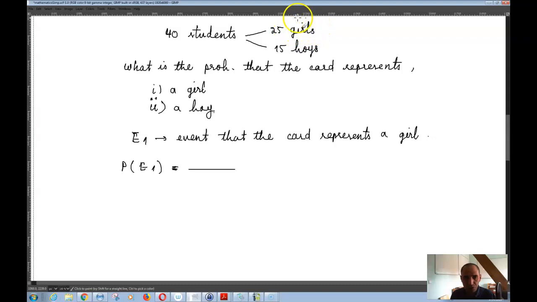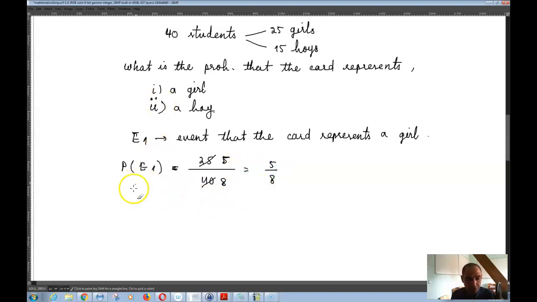The only thing that matters is that it has to be a girl. So over here we have 25 outcomes favoring this event E1, and the total number of outcomes of the experiment is 40, because we have 40 people in total. So 25 divided by 40 is equal to, divide by 5, you'll get 5, divide by 5, you'll get 8, 5 eighths.